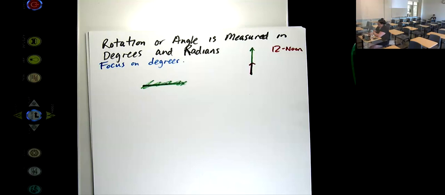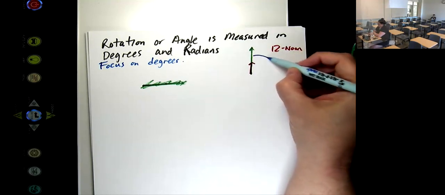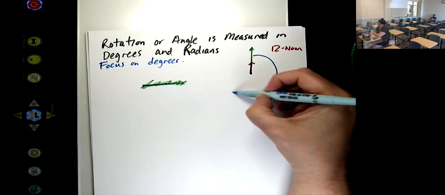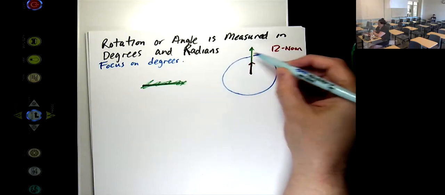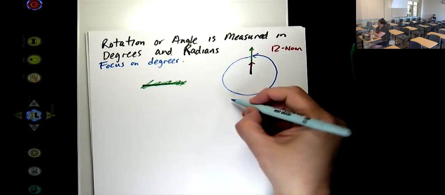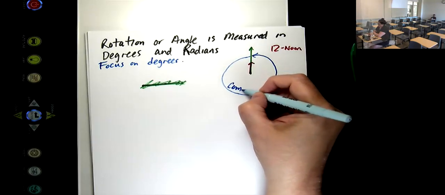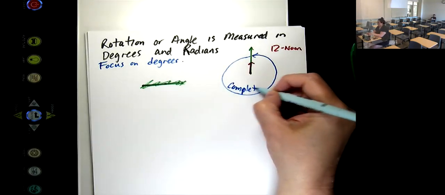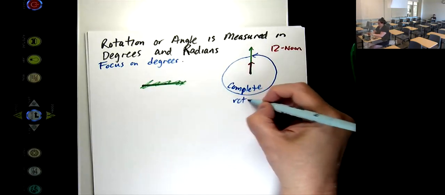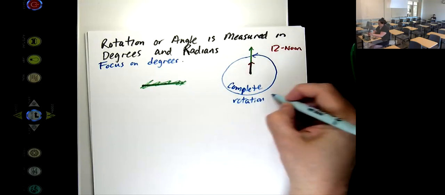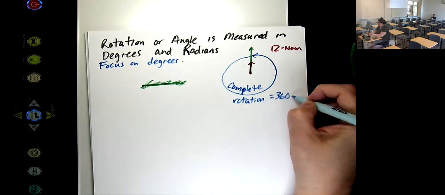When the hour or the minute hand sweeps a full rotation around the circle, a complete rotation measures 360 degrees.